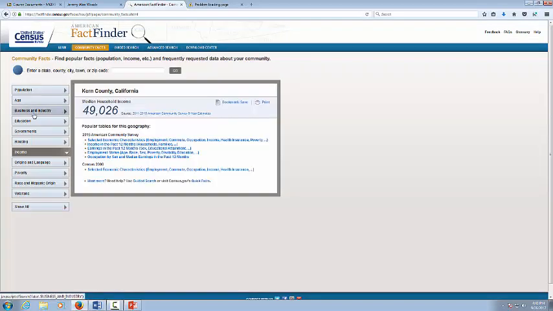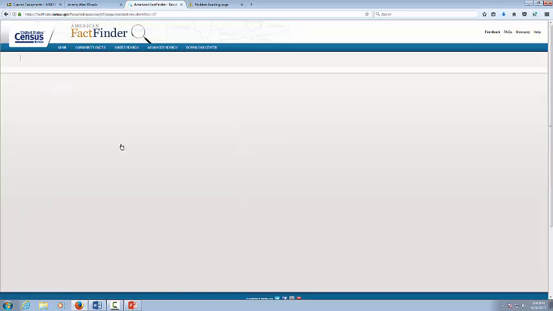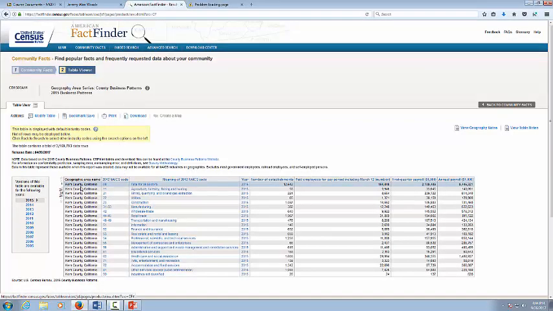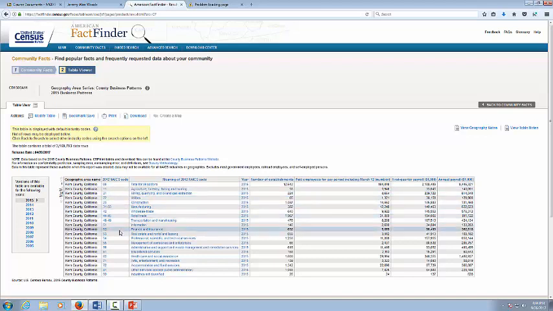So if I go back to County Business Patterns, the second report here under Fact Finder, that's going to give me the number of establishments in 2-digit NAICS code categories.